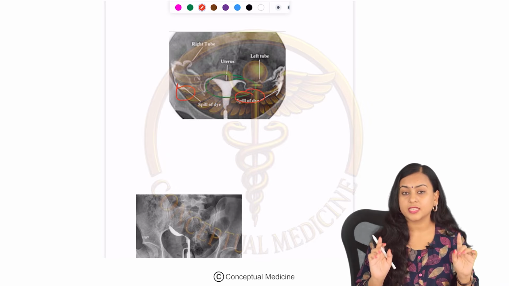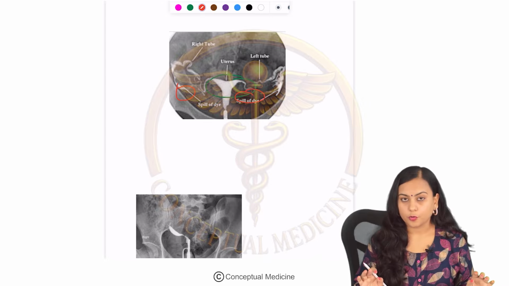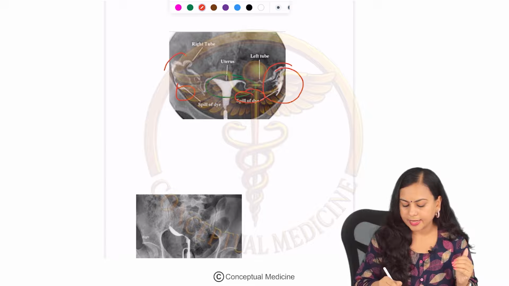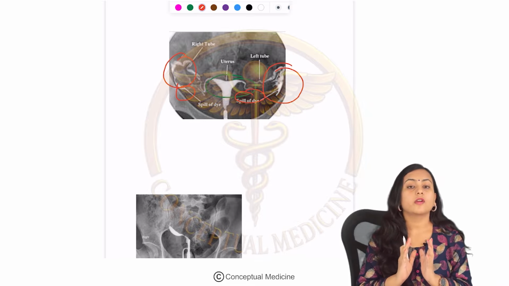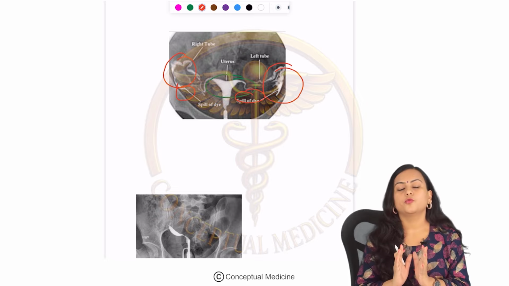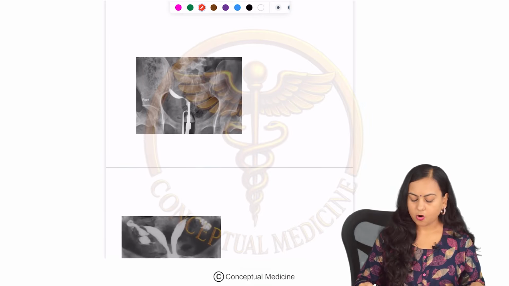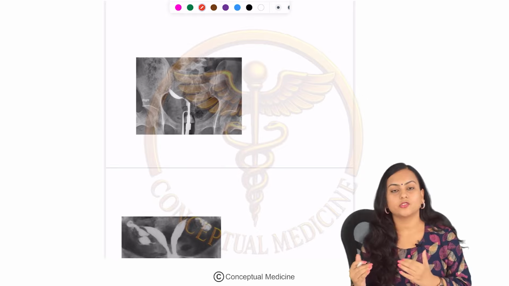So the spill should be seen to make sure that the tubes are not blocked. If you don't see this kind of spill in any HSG image, then you have to think about tubal block. Clear? Right.